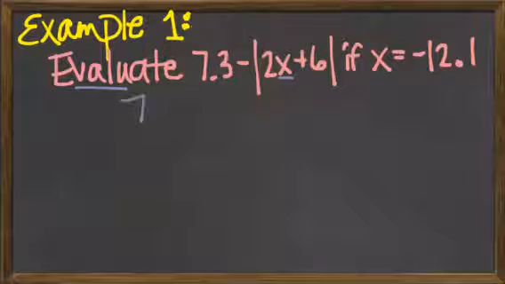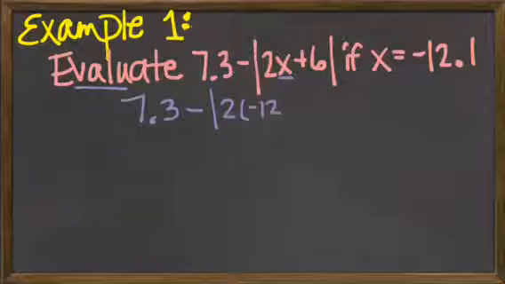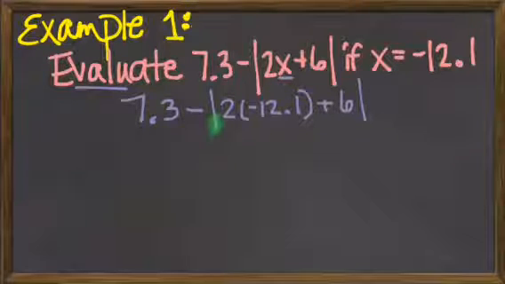So we've got 7 3/10 minus the absolute value of 2 times -12 and 1/10 plus 6. Absolute value is grouping symbols. So in the order of operations, your grouping symbols, or parentheses, are what you have to find first. So we've got to figure out the value of this before we can solve the problem.